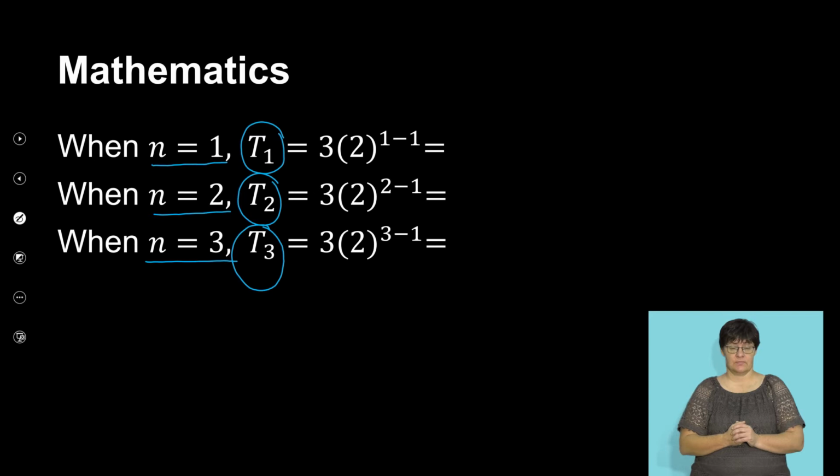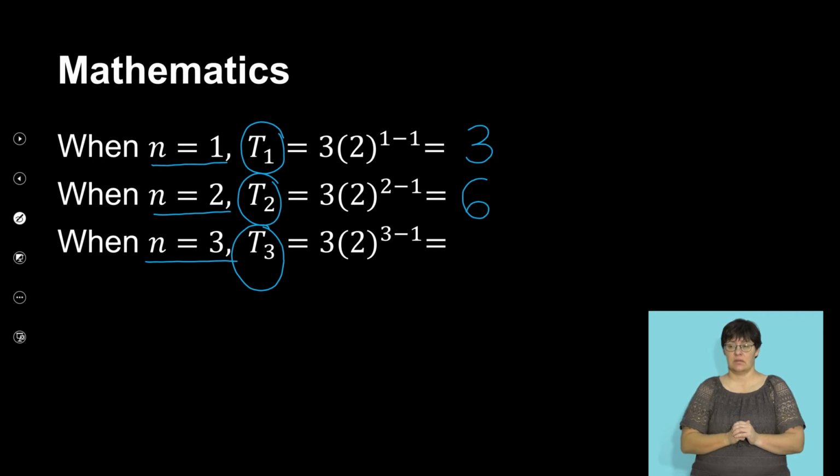So when I substitute n is equal to 1, I'm going to have 3 times 2 to the power of 1 minus 1. That is just going to leave me with 3. So term 1 is equal to 3. Then term 2 is 3 times 2 to the power of 2 minus 1, which is going to leave me with 6.